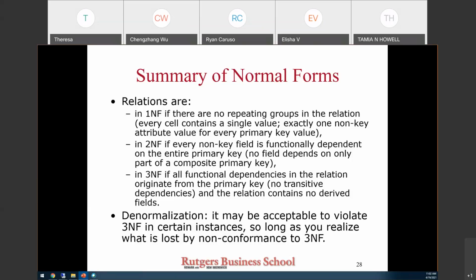Or in other words, in second normal form, no partial dependency. And the table is in third normal form when there are no derived fields or no transitive dependency.